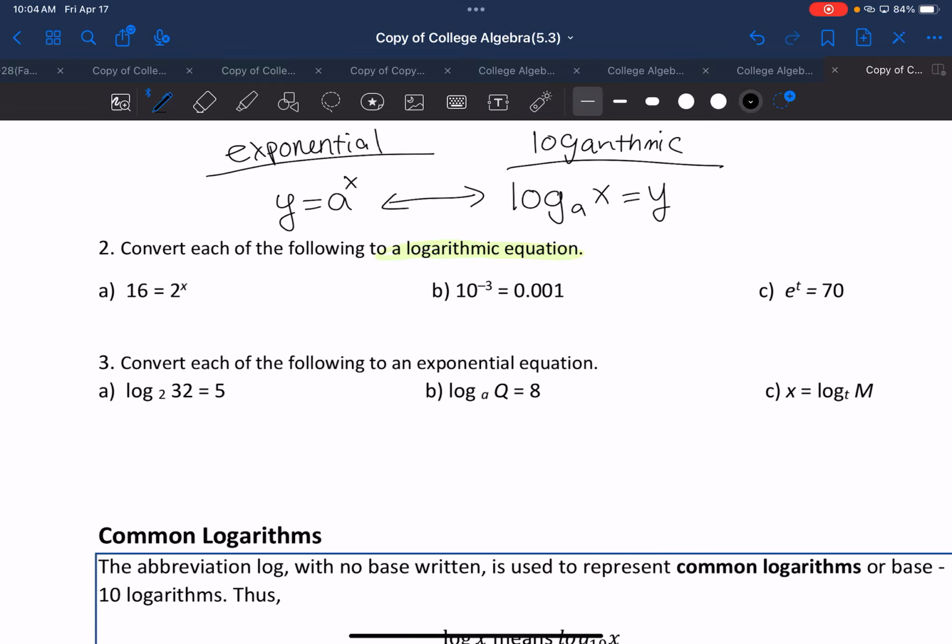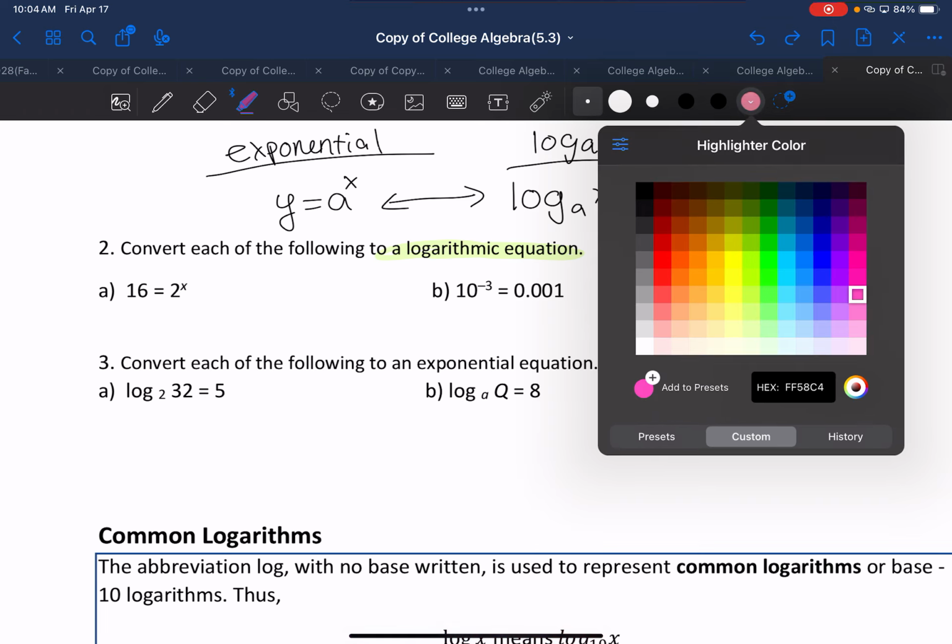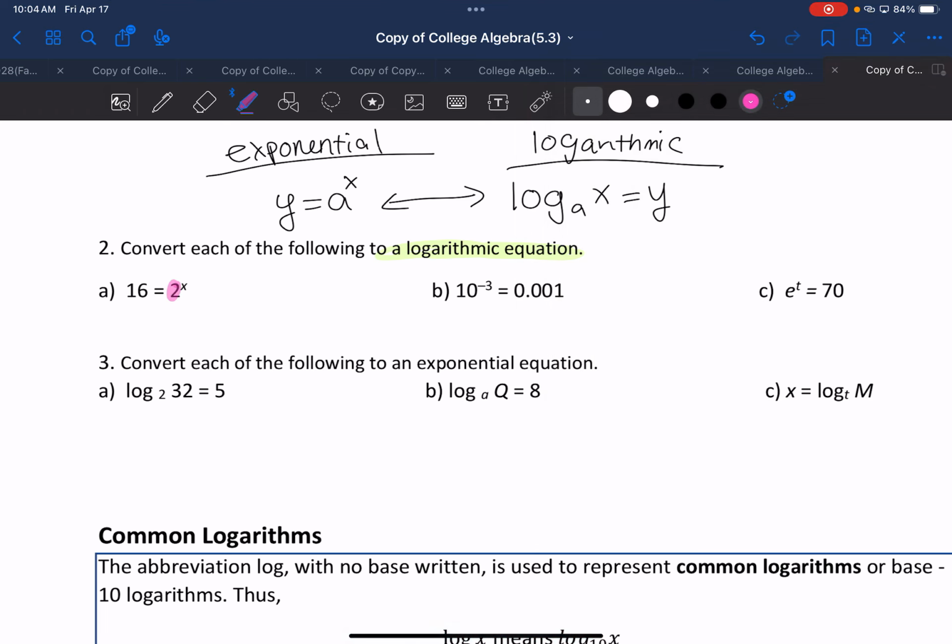So same thing we were doing. If they give you the exponential form, and you need to go to logarithmic form, you are always going to start with the base, just like I said last time. So the base in this problem is 2.